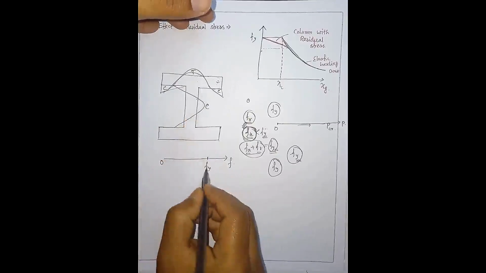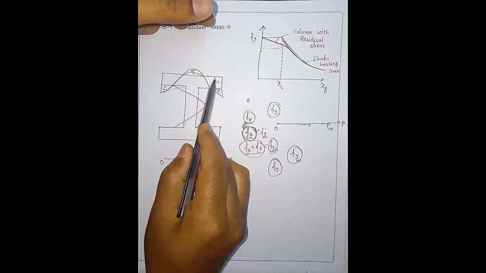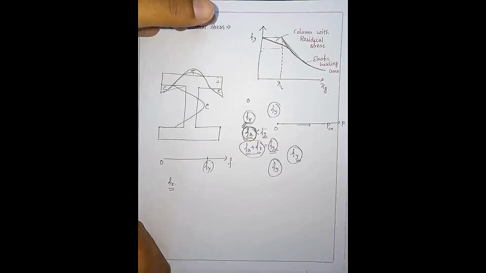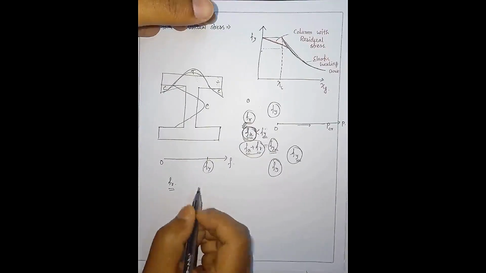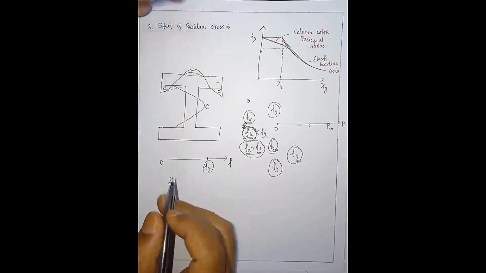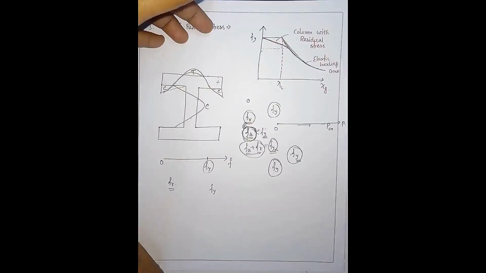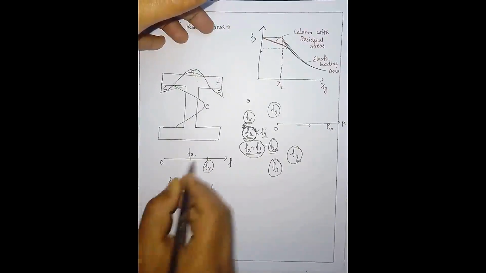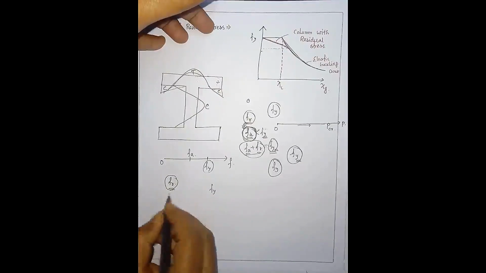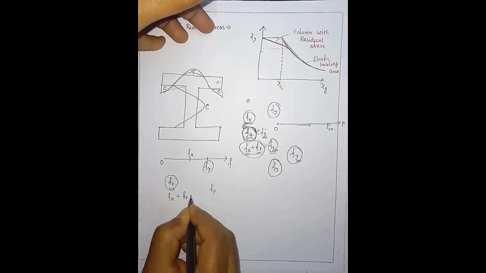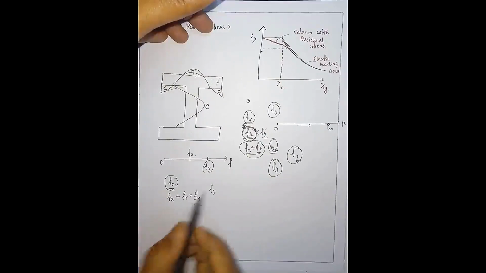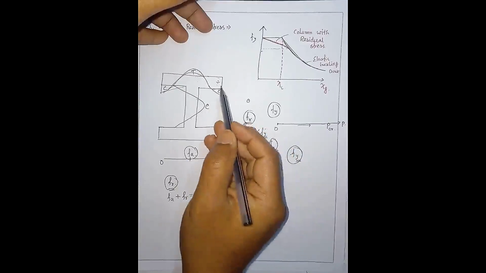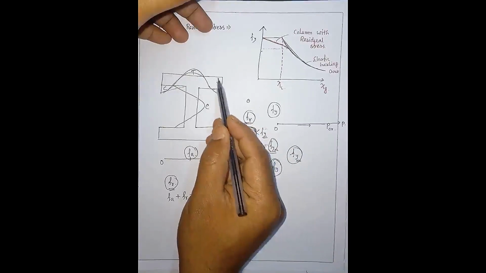When we increase this stress, it is supposed to fail at this stress, but as these portions are already subjected to compressive stress of Fr amount, when the applied stress, suppose at a particular stress Fa, and this Fa and Fr together make Fa plus Fr equal to the yield stress, the effective yield stress is reached in these portions.